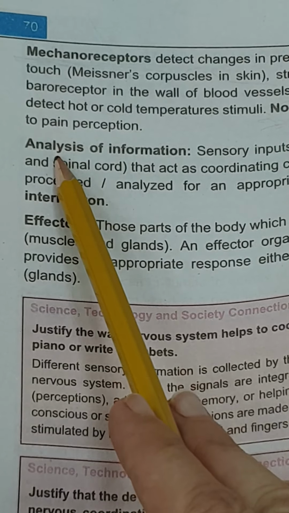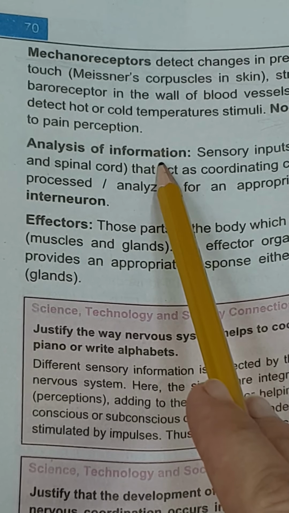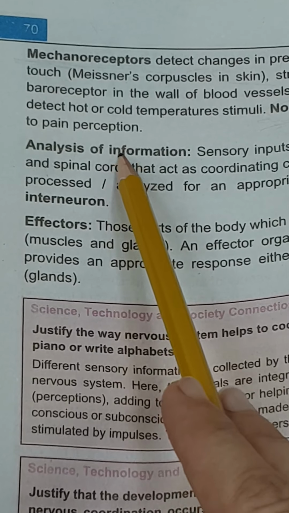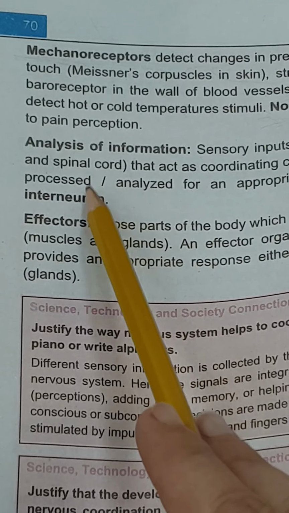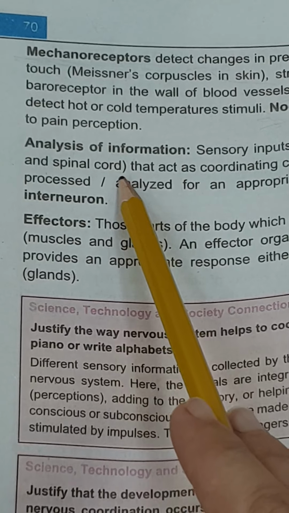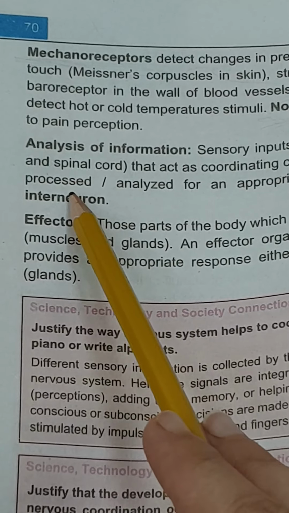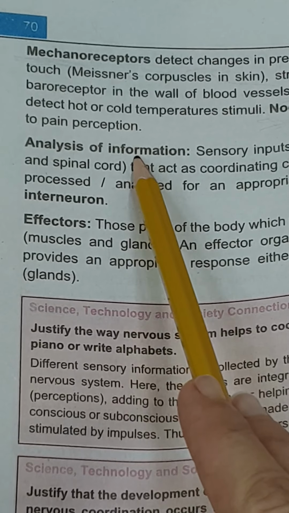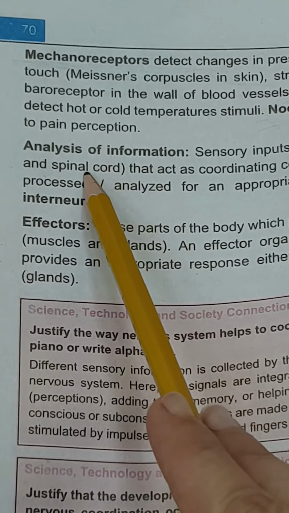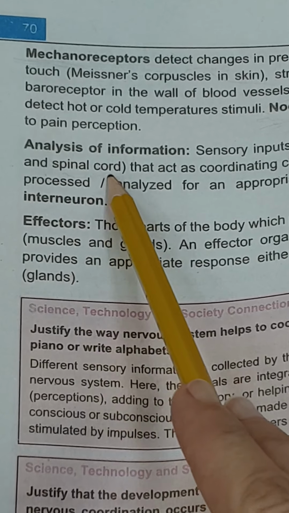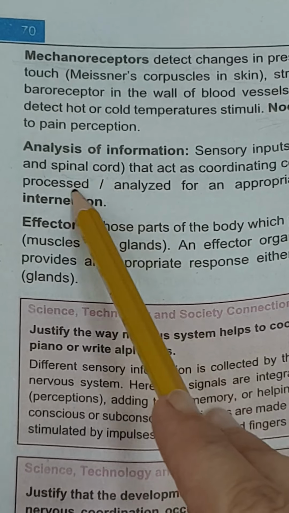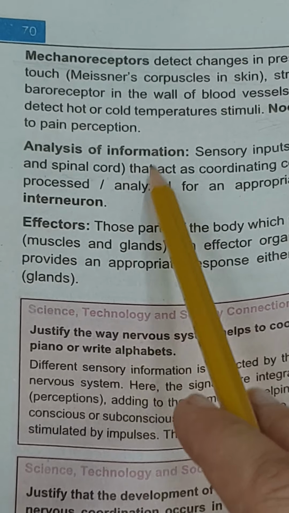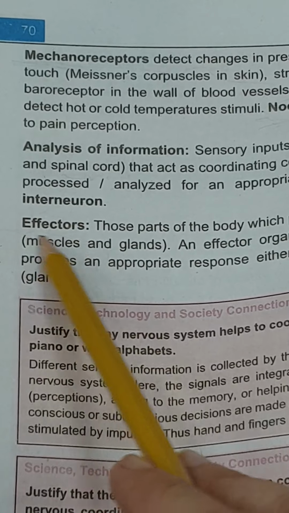The second step is the analysis of information. As I told you, the receptor may be a mechanoreceptor, sometimes a nociceptor, sometimes a thermoreceptor, chemoreceptor or photoreceptor. When these receptors receive information, they give that information to the central nervous system, where the coordinator, the brain and spinal cord, are present. They analyze and process that information, and then they give it to the next, that is the effector.